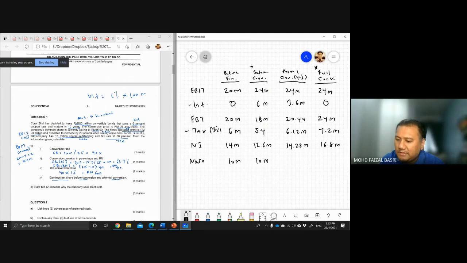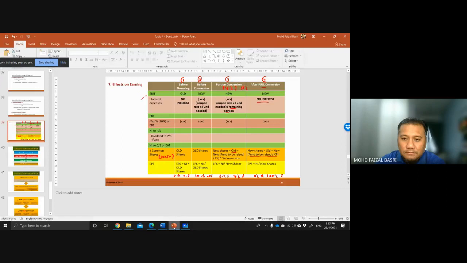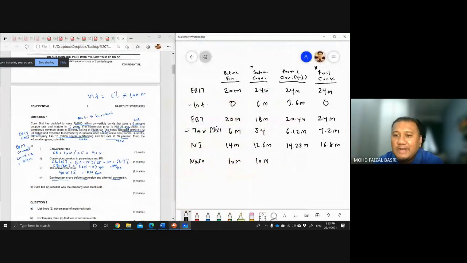So berapa ni? 3, 6. So we have a maximum of 4 million. Let me double check dulu. So it's 100 million bagi dengan 25. 4 million. So we're gonna have 4 million new shares. Amount to be raised divided by conversion price.